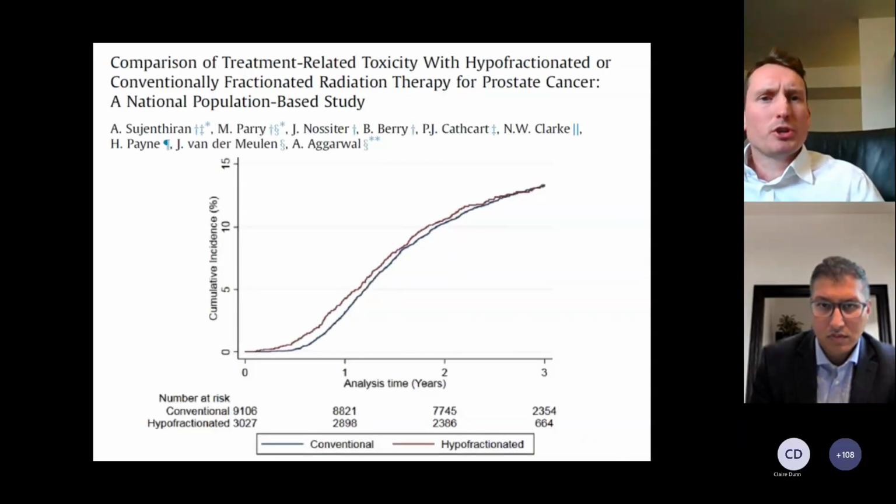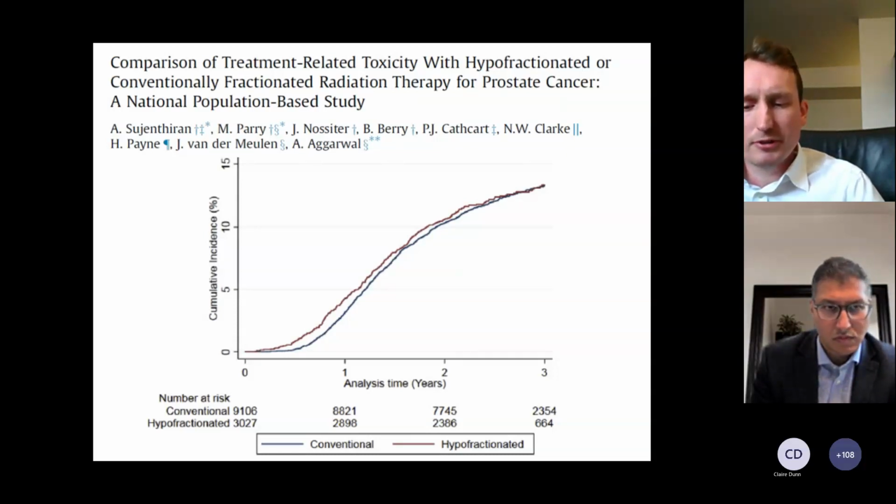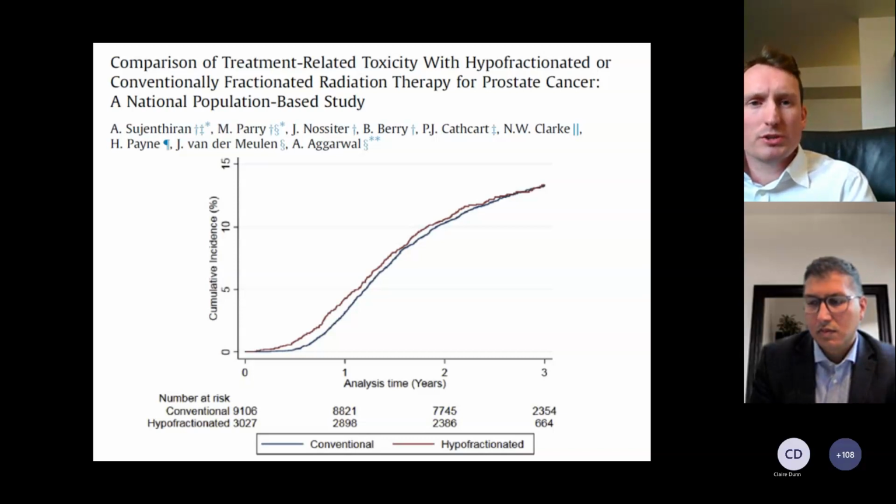We were also able to show, for hypofractionated radiotherapy, that there was very little difference in toxicity rates, which was important as people moved towards hypofractionated radiotherapy, with fewer patient admissions to hospital for the radiotherapy episodes, but there wasn't a worry that it conferred worse toxicity.